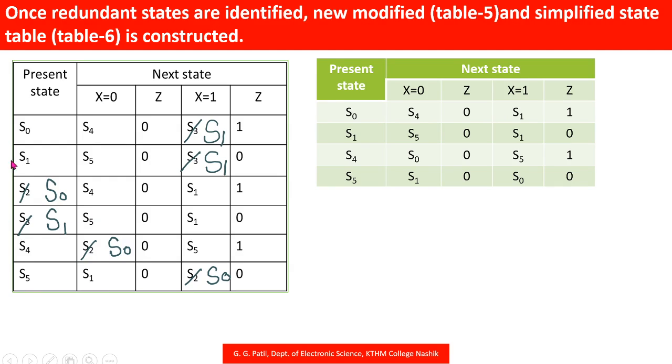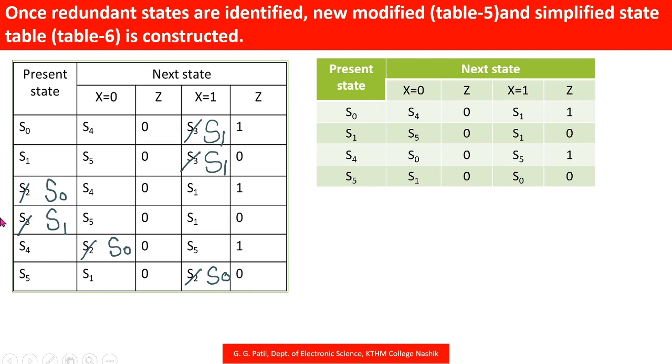And if we observe the S1 and S3 rows, they contain the same states S1, S1, S5, S5, 0, 0, S1, S1, 0, 0. So these two rows are replaced by a single row in the state table, S1, S5, 0, S1, 0. The rest of the states S4 and S5, since they are not equivalent and contain a single state, are kept intact. So S4 has S0, 0, S5, 1, and S5 has S1, 0, S0, 0.